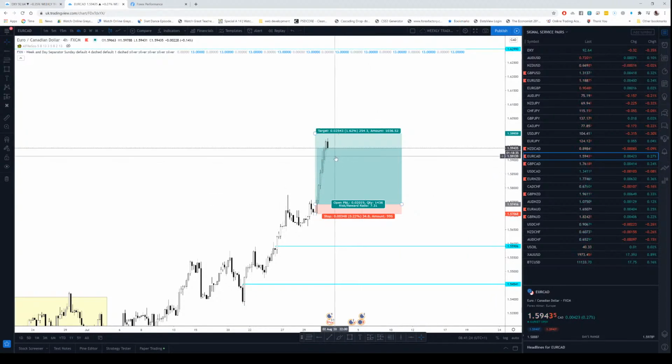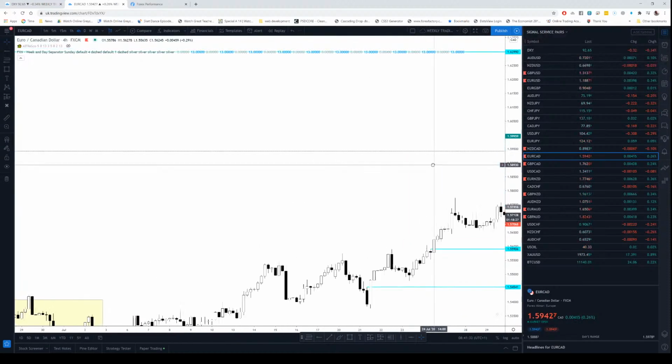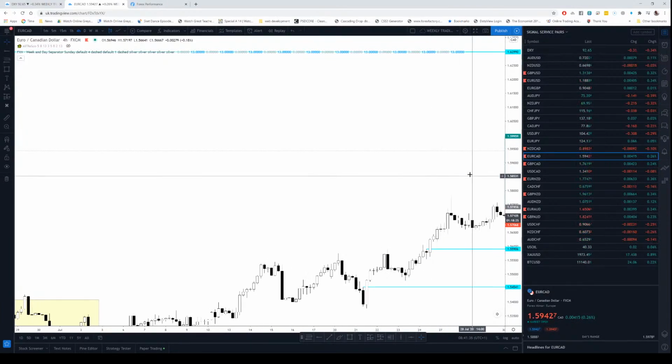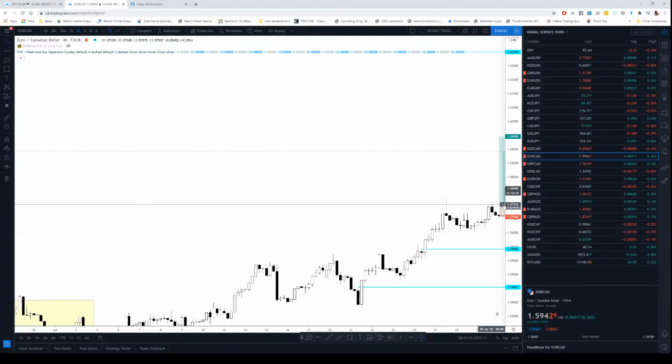If it doesn't and it leaves a down candle, let's say it does what it has done now. Let's say right now where we are, we see a down candle, and then we see this happen. Okay, once you see that happen, straight away go long and place your stop loss below the down candle.